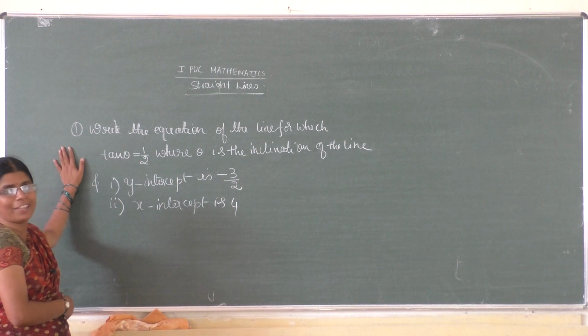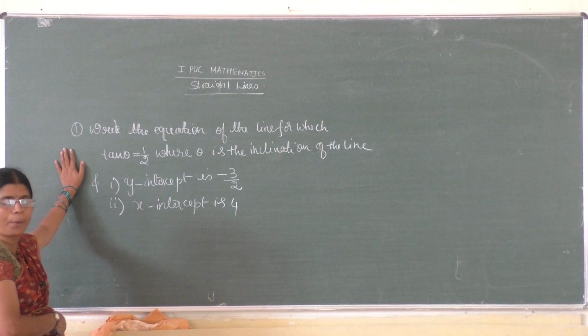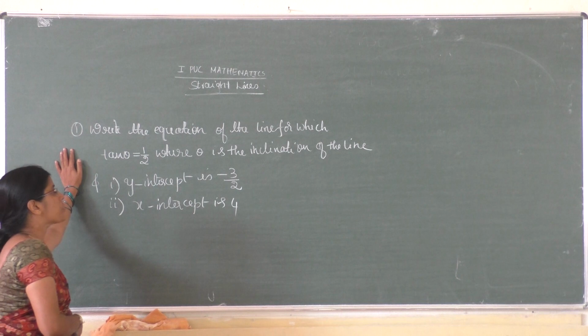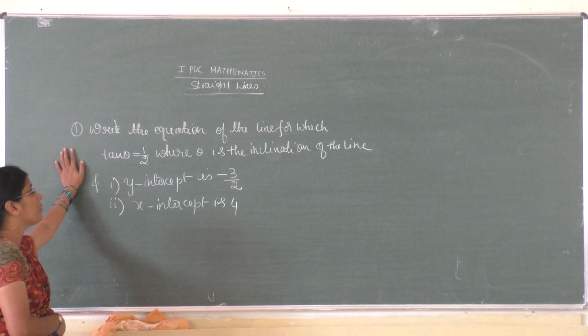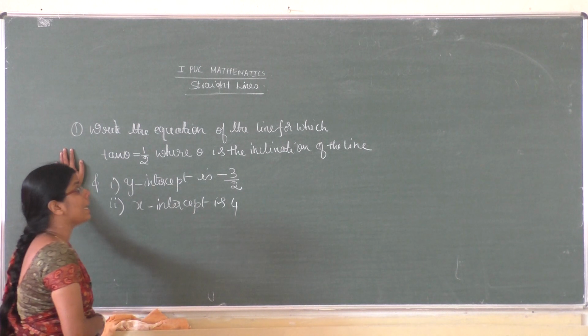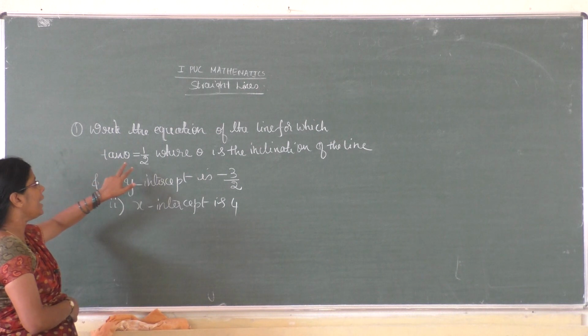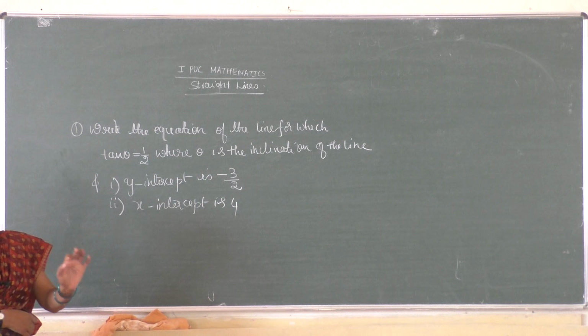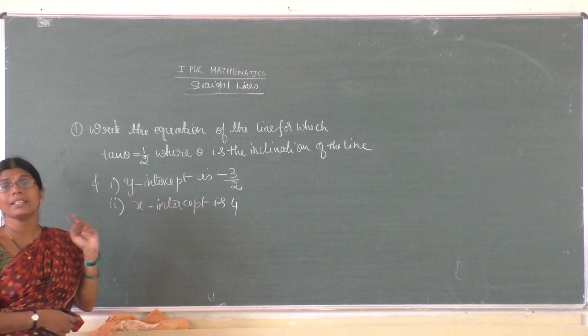So first always you have to read the problem properly. Write the equation of the line for which tan theta is equal to half, where theta is the inclination of the line. Tan theta is nothing but slope.